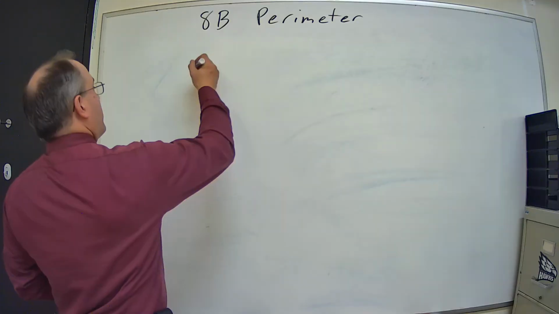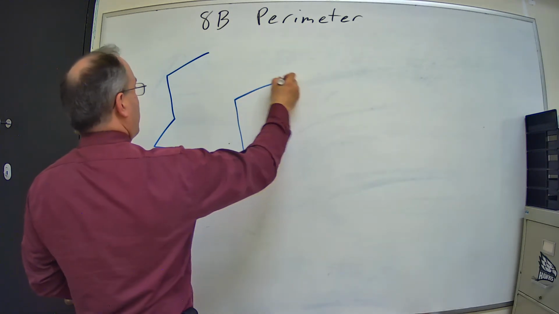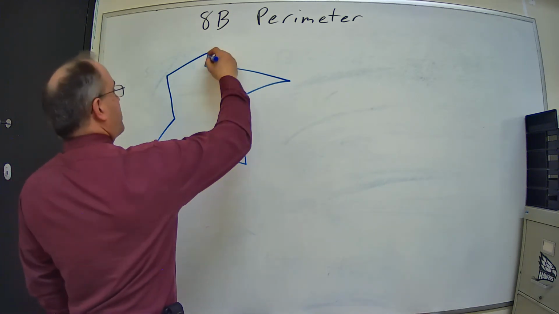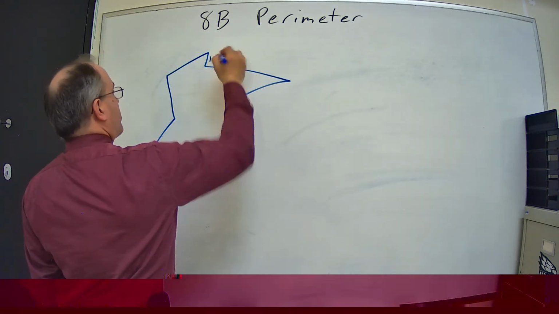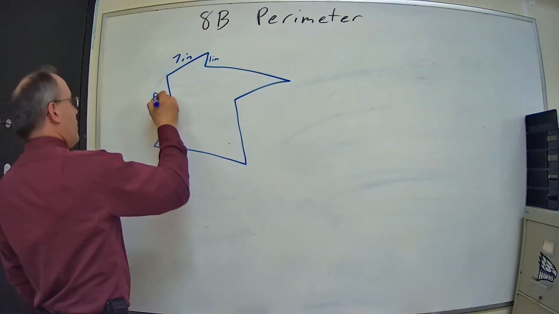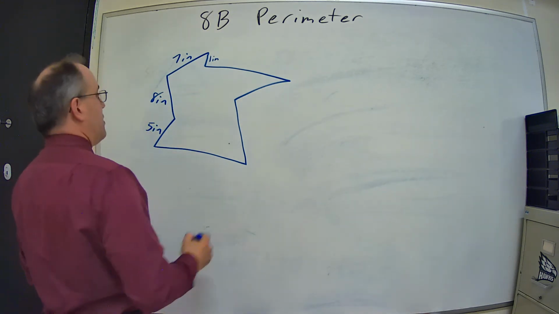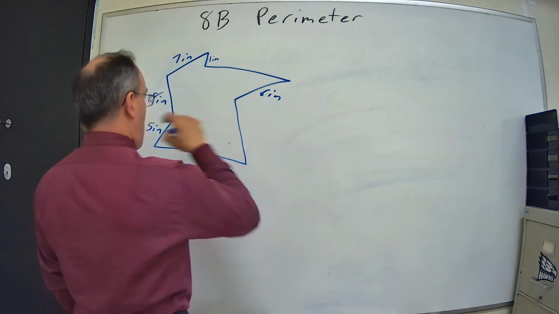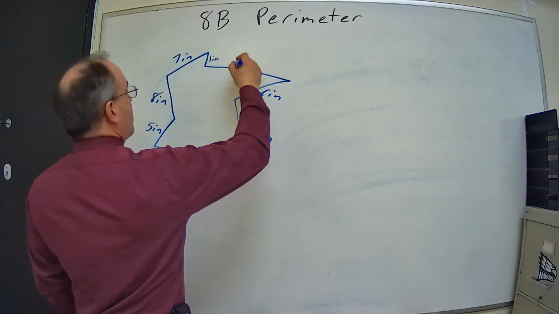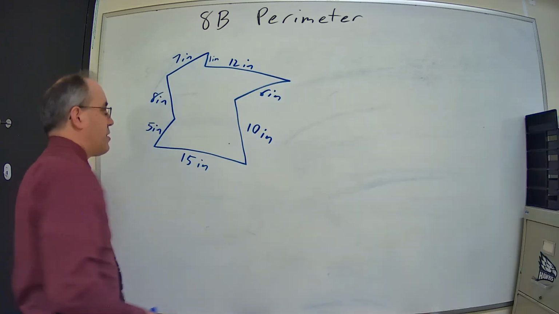So if I have a shape like this, and I have the measurements, so let's say that this is 1 inch, and this is 7 inches, 8 inches, 5 inches, let's make this one 6 inches, 10 inches, 12 inches, and 15 inches.